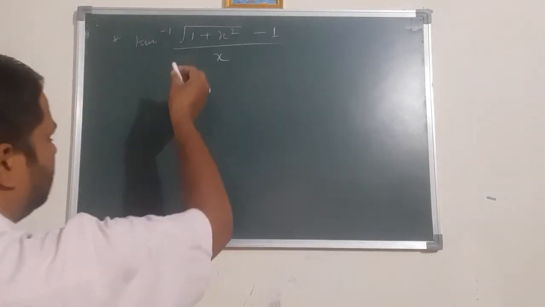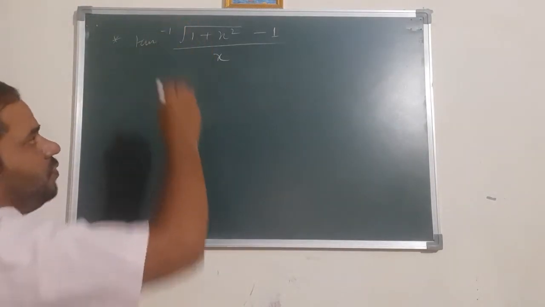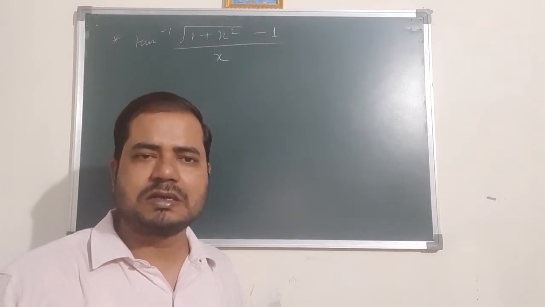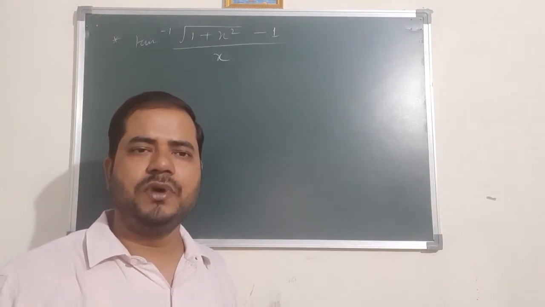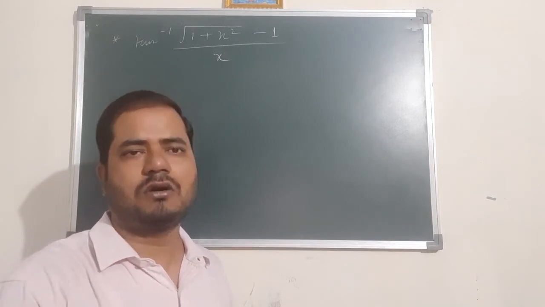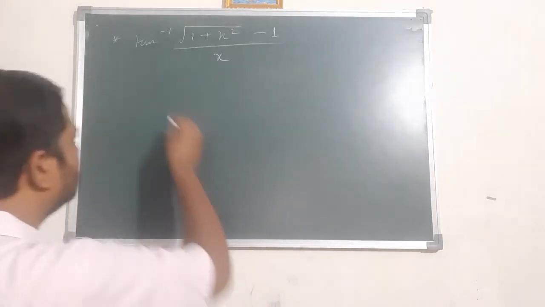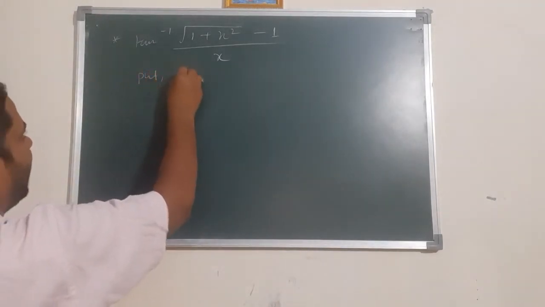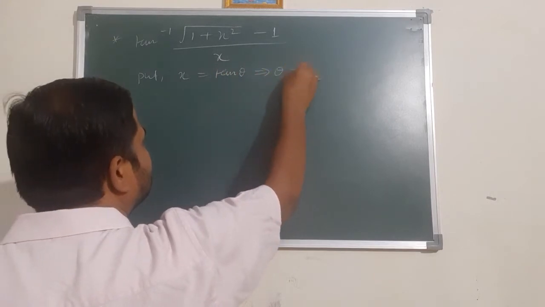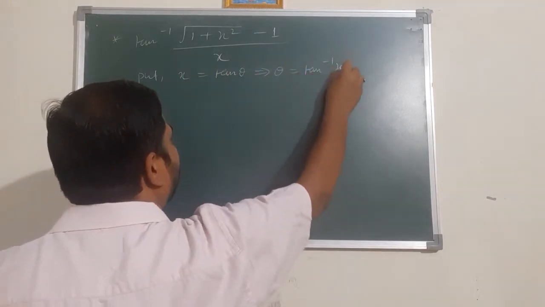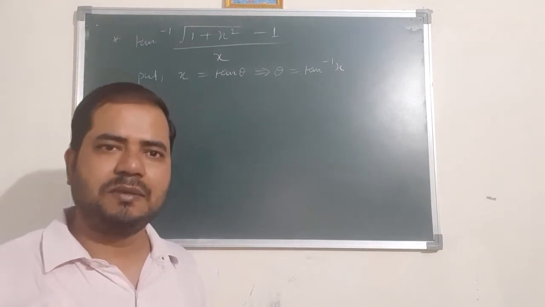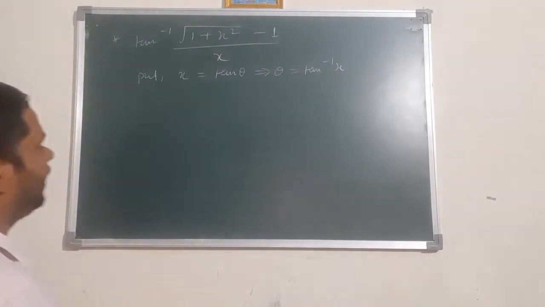So whenever you see root of 1 plus x square or simply 1 plus x square, you always use in place of x either tan theta or cot theta. So put x equals tan theta, and then theta is nothing but tan inverse of x. If you put x equal to tan theta, then theta must be tan inverse of x.